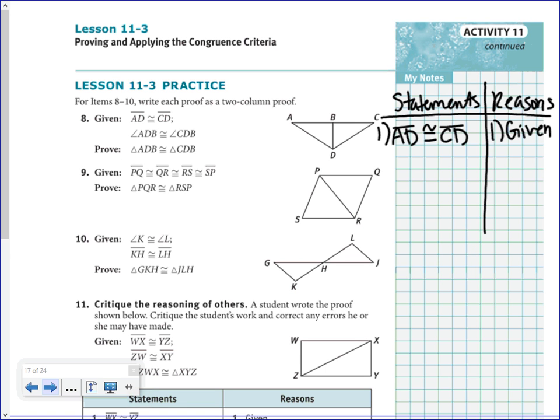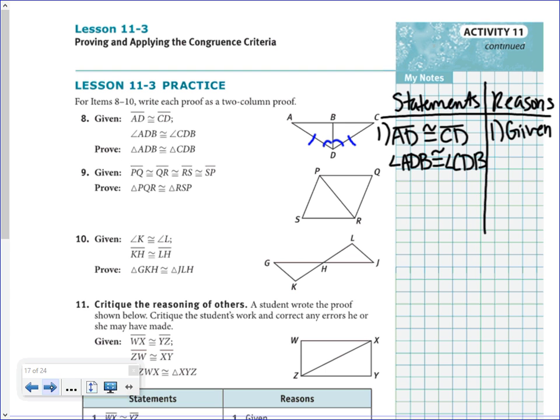And that is part of our given. And they gave us another statement. And so we can put both of them in our first statement if we would like. And I think it's helpful to go ahead and mark that information. AD, CD, angle ABD, angle CDB.